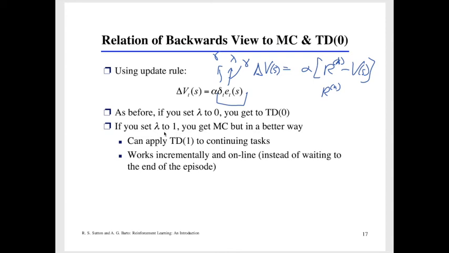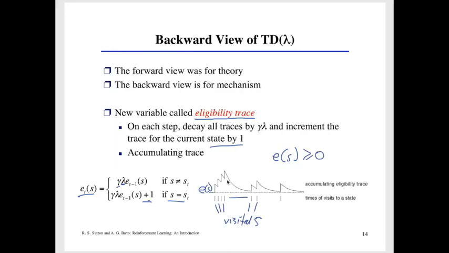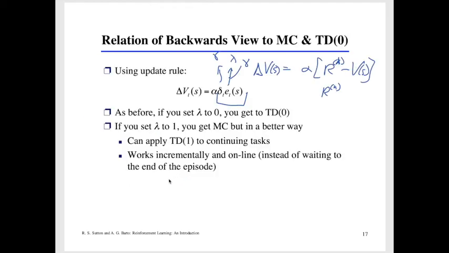And if we set lambda to 1, then we're keeping all of them and throwing away nothing. They won't decay at all except for the gamma. You still have to decay so that future states don't have as much input on the present updates, but the lambda decay wouldn't be there at all.